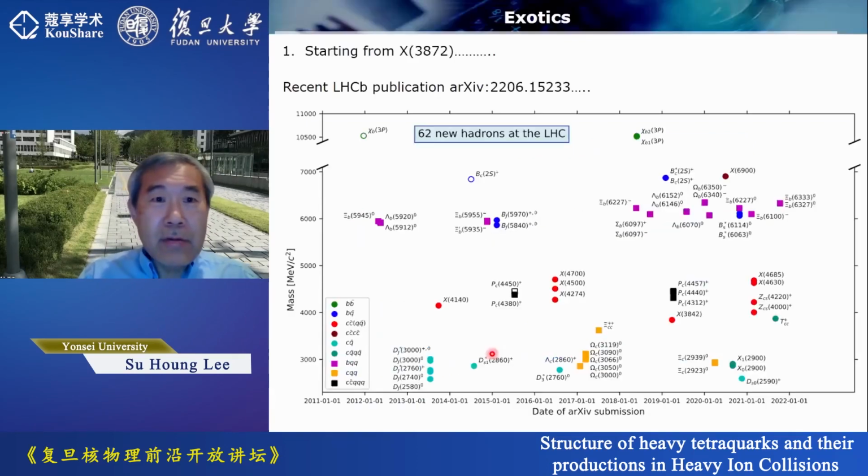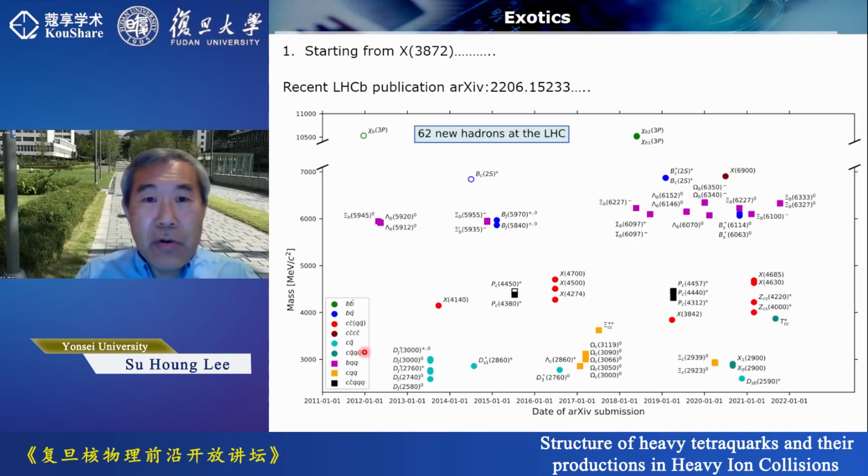Okay, so starting from X(3872), we have seen a lot of new exotic states. The recent publication by the LHCb collaboration summarizes the new hadrons that they found, more than 60, all of them with heavy quarks, and many of them probably have exotic quark numbers.